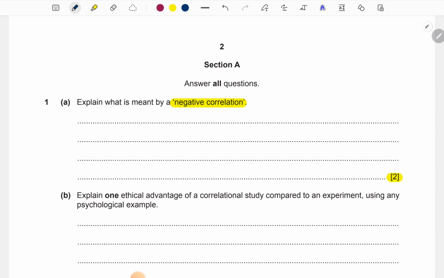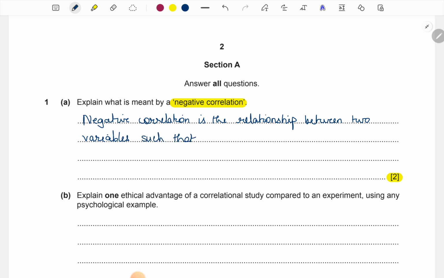So how you must write this answer is: negative correlation is the relationship between two variables such that when the value of one variable increases, the value of the other variable decreases and vice versa.